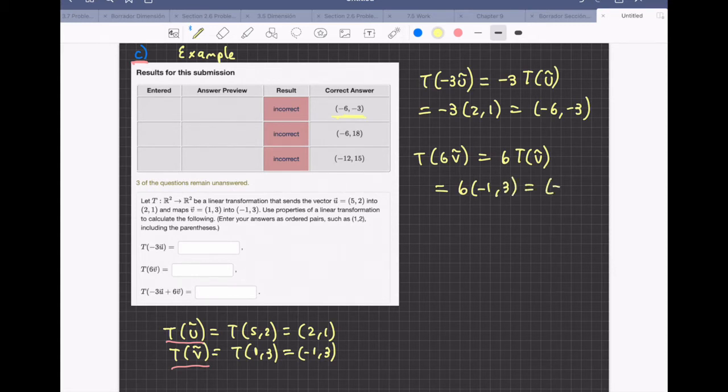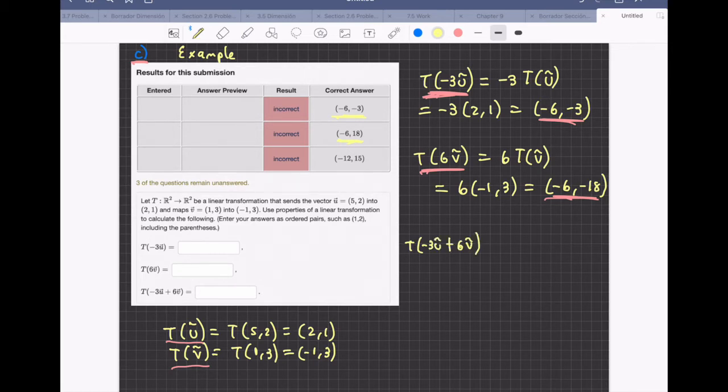Will be negative 6 comma 18. The answer we have here, you see? And finally, t of this. Well, this is the first one. Now, what is t of negative 3u plus 6b?